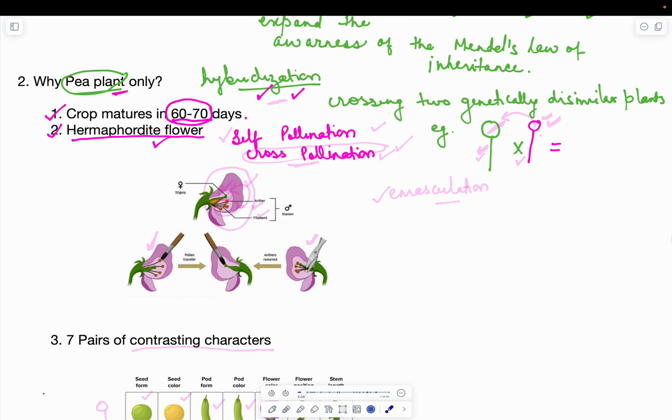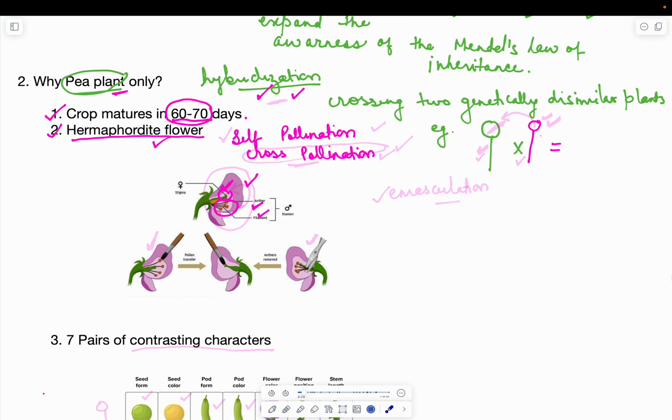So what are hermaphrodite flowers? Hermaphrodite flowers are flowers which have both reproductive structures. They have the female reproductive structure as well as the male reproductive structure present within the same flower. So both sexes are in the same flower.